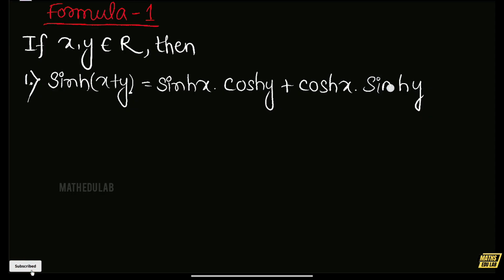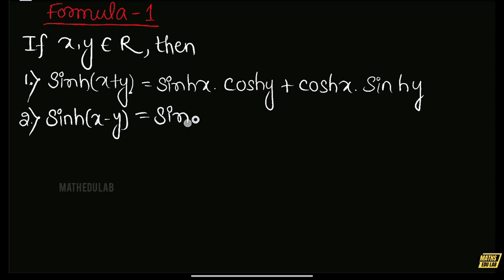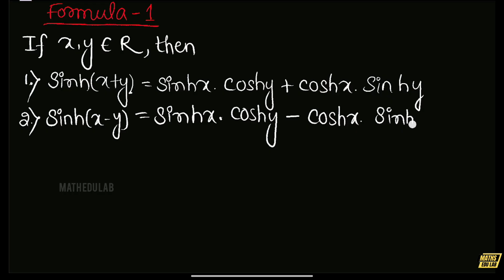Then the next formula is sine hyperbolic of x minus y, which is equal to sine hyperbolic x into cos hyperbolic y minus cos hyperbolic x into sine hyperbolic y.